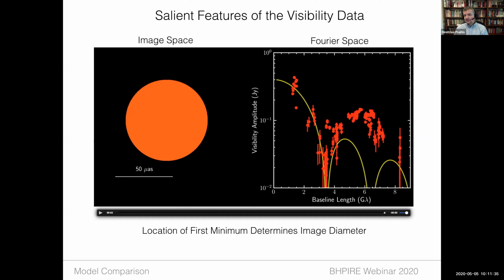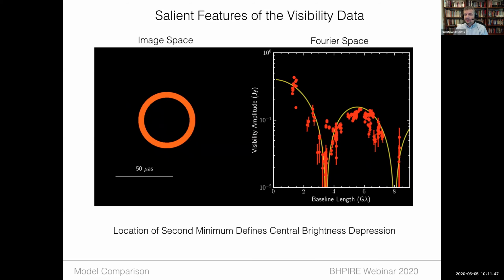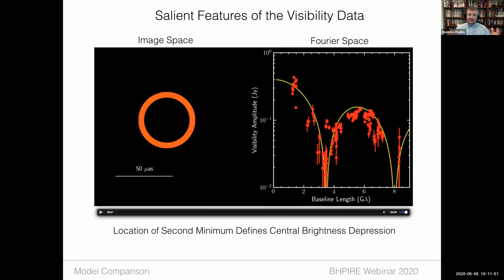And it has a secondary minimum that is in a place where we have significant observation, significant visibility amplitude. What do I need to do to the image in order to account for that? Well, we start putting a hole in the center of the image. And by turning the image from a disk to a narrow ring, then not only do I get the right first minimum, I get the correct, more or less, secondary maximum, the location of the secondary minimum, and so on.